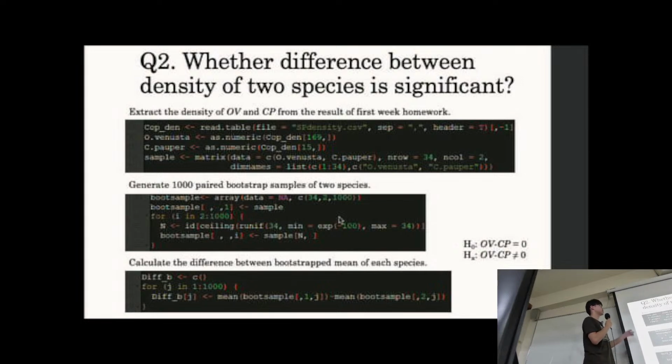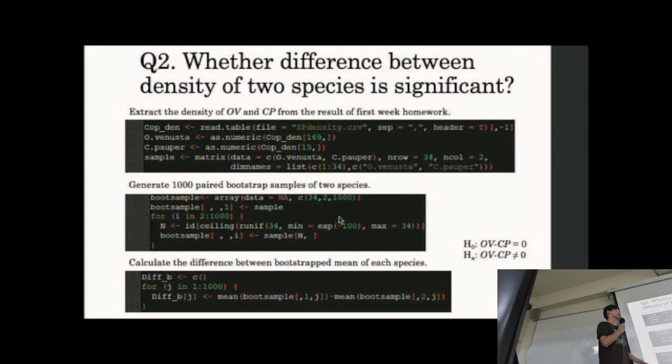First, I extract the density of the species OB and CP from the result of the first week homework, and put them together into a matrix and generate 1,000 paired bootstrap samples the same way mentioned before. And here I calculate the difference between the bootstrap means of these two species.